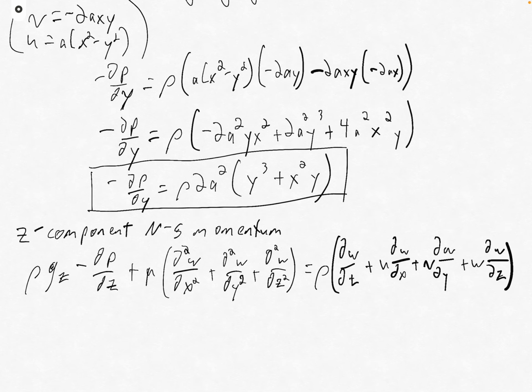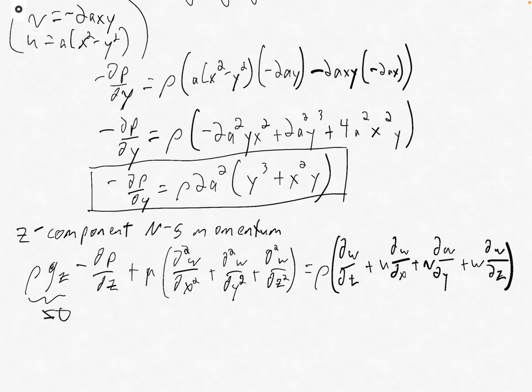And now remember that we're given that W is equal to 0, and so a whole bunch of these terms are going to drop out. But let's start over here on the left-hand side. So rho gz, this is not equal to 0, right? Because we assume that the z component of g is equal to minus g, so we can't drop that out.